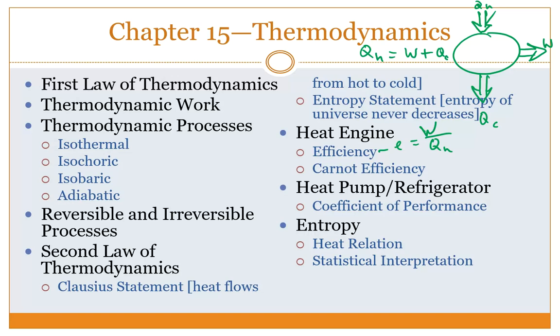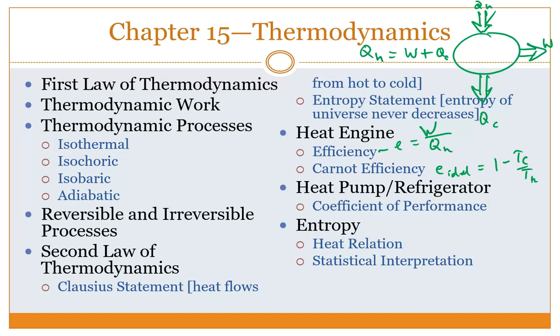Then we have the Carnot engine. Carnot engine is not real. It's not achievable. You can't make one. But the Carnot cycle with the isothermal, then adiabatic, then isothermal, then adiabatic, can be shown to be the best possible efficiency that can be produced. And for the Carnot cycle, the ideal efficiency turns out to be 1 minus temperature cold over temperature hot.